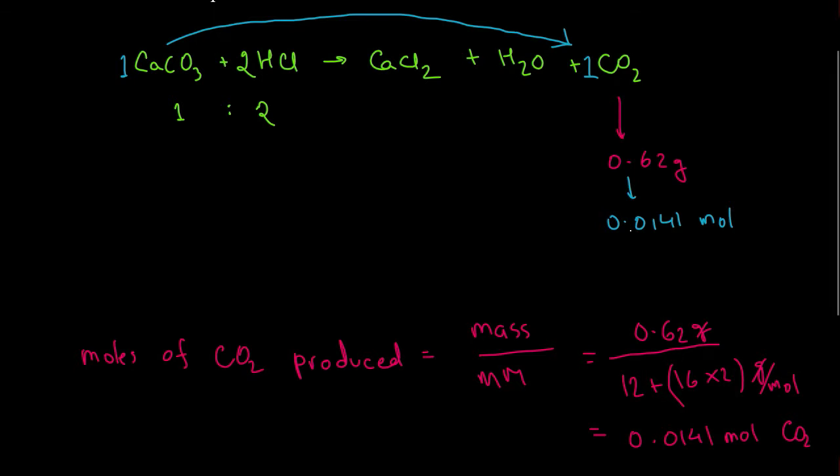So as we have produced 0.0141 moles of CO2, this must have been produced by the same amount of calcium carbonate, right?